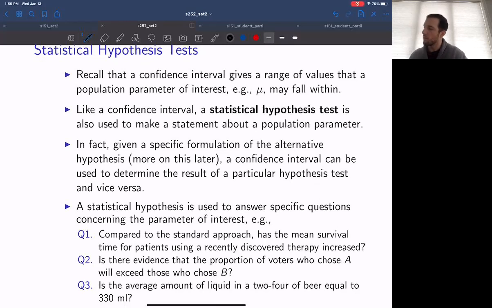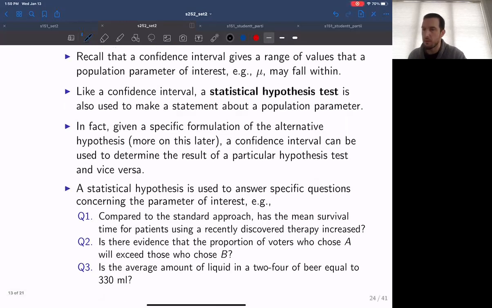So for example, in the one sample context, question 3 on slide 24 says, is the average amount of liquid in a 2-4 of beer equal to 330 milliliters? So this would be a very standard kind of one sample hypothesis test where you're comparing the average amount of liquid in a case of beer to a pre-established value that must be contained within each bottle as it's labeled, say, 330 milliliters.